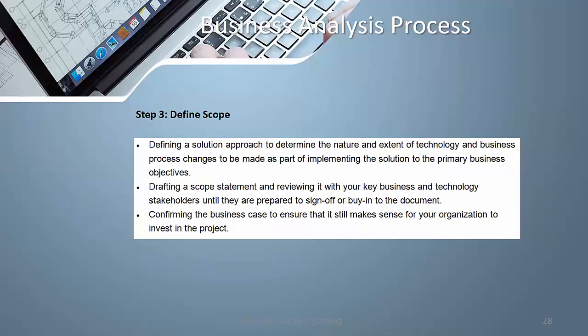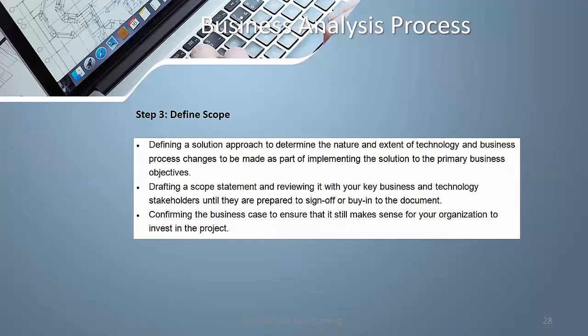Those kind of issues will be out of scope for this project, right? That's called defining the scope.